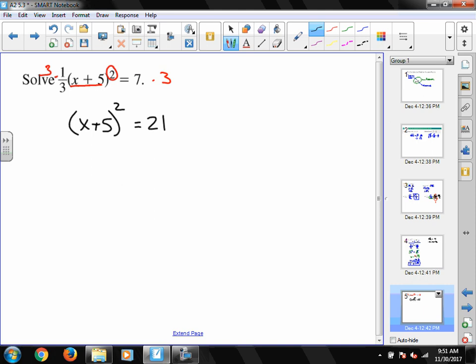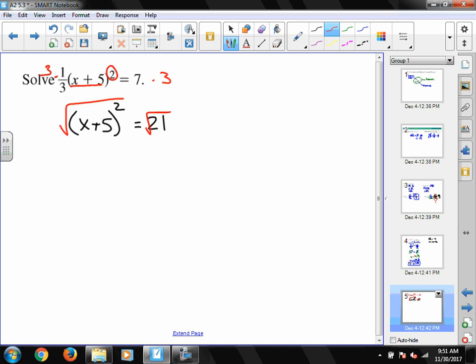And now, a lot of people want to subtract this 5 here for their next step. Can't do that. It's trapped inside that squared term. So we have to get rid of this squared before we can do anything. To undo squaring, we take the square root of both sides. Okay? I just put the square root in.